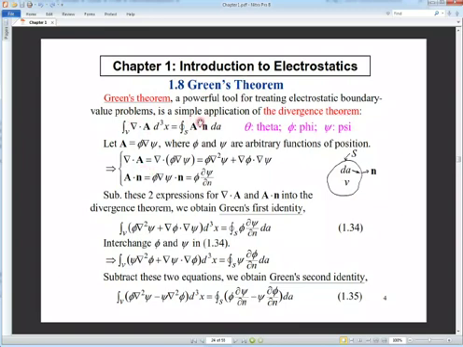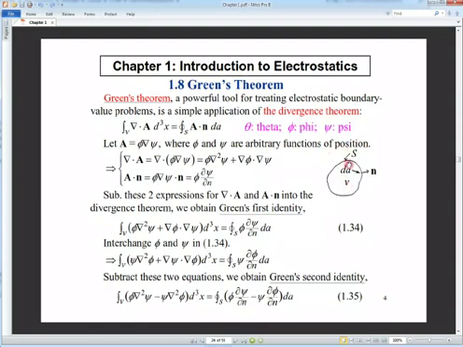It means if you use this relation for the divergence theorem, as you know, the integral of divergence A over the volume is equal to the integral of A dot n dA. dA is an area element of the surface that surrounds the volume V.